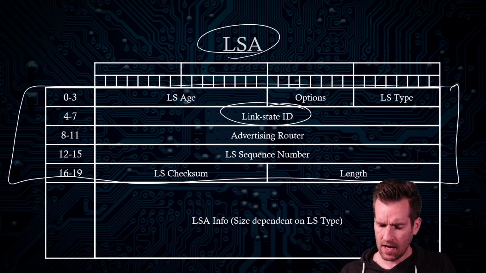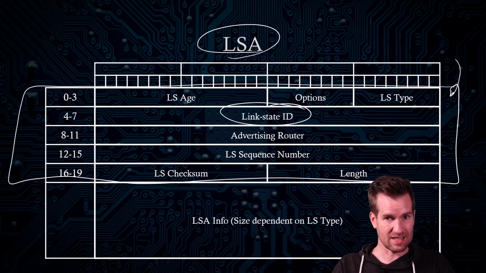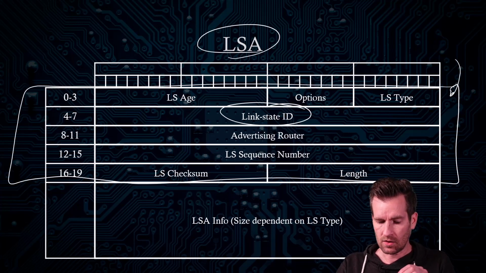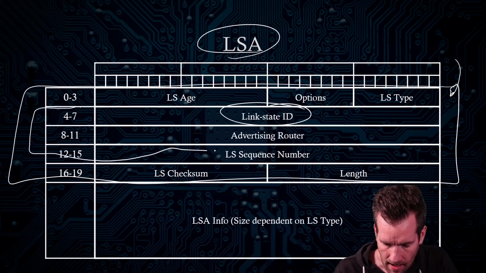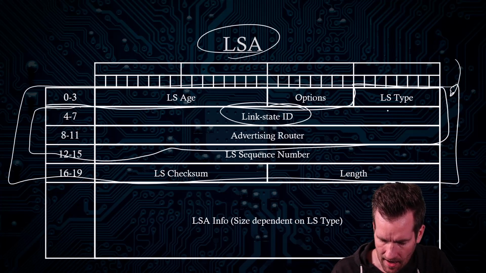And the header can be found in both the database messages, packets that are sent out, and also in the link state acknowledgements that are sent out. There is a section of the header here: the link state ID, the link state type, and the advertising router.